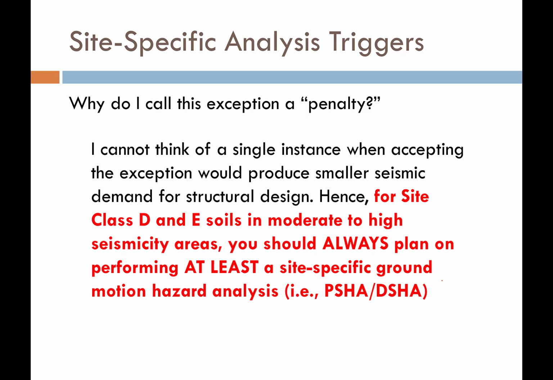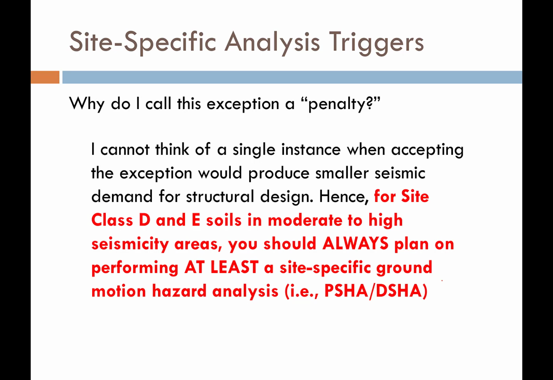So again, these are massive penalties. I have some really good structural engineering friends who get upset with me when I use the terminology penalty, because it implies that they're being naughty if they choose to take these exceptions. And they say, why do you keep using the term penalty? And I sum it up like this.